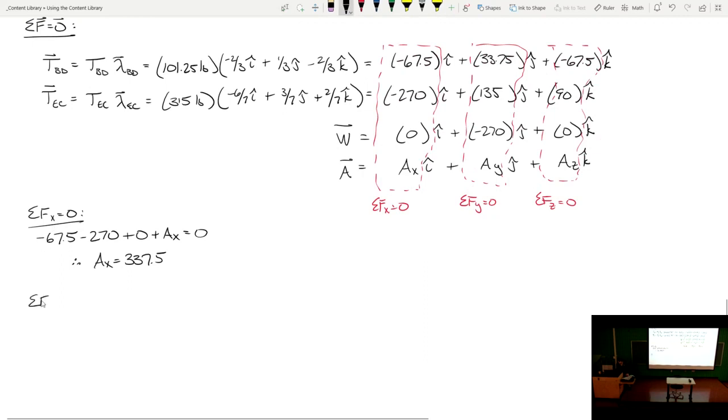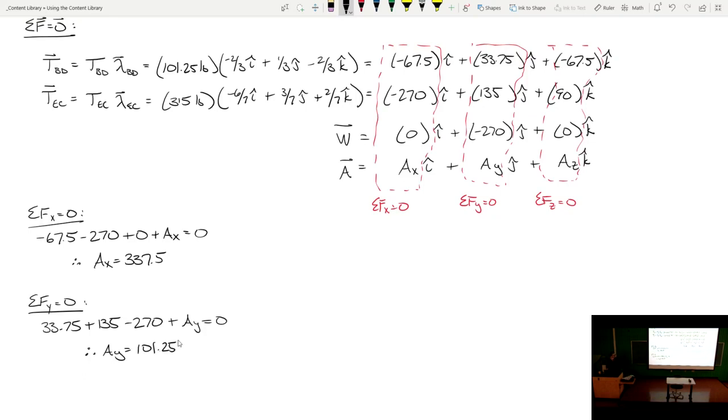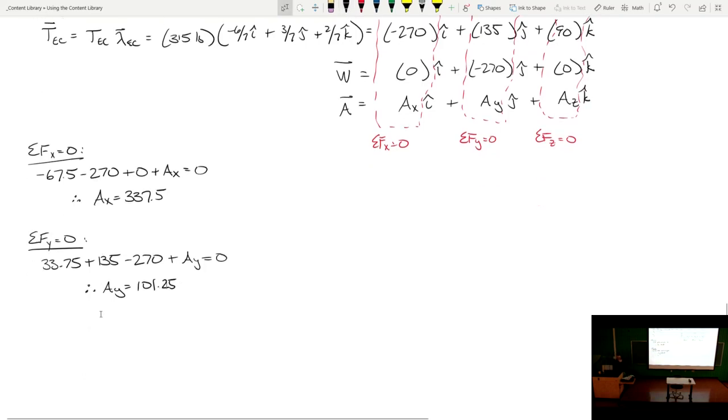Same thing with the others. So AY ends up being positive as well. Same thing with summing forces in the Z. Sum them up. I know we're getting close to being done, so I'm trying to hurry.